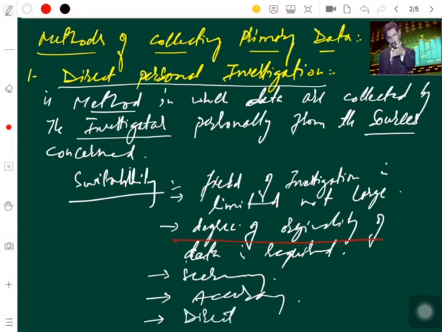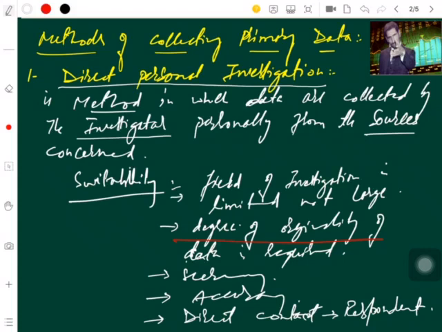There are certain cases where direct contact is important. You cannot just ask on a telephone, by a mail, in a questionnaire, or any other way. You have to make direct contact with the respondent. And who is the respondent? Exactly the one who is answering, who is responding to your questions.